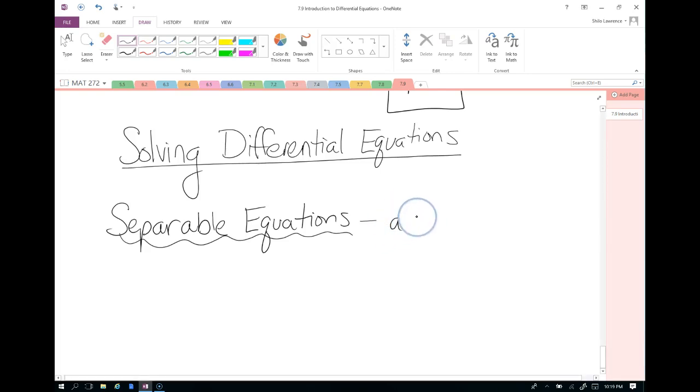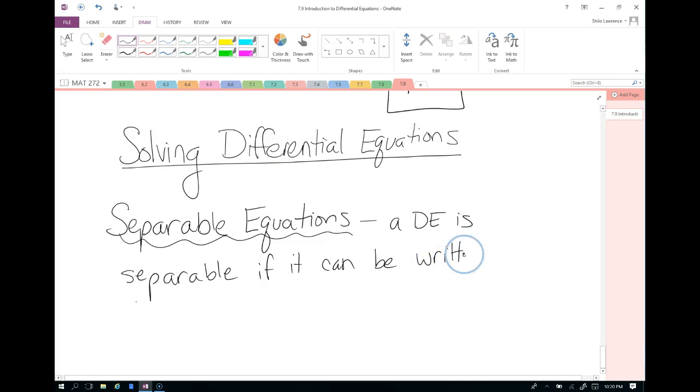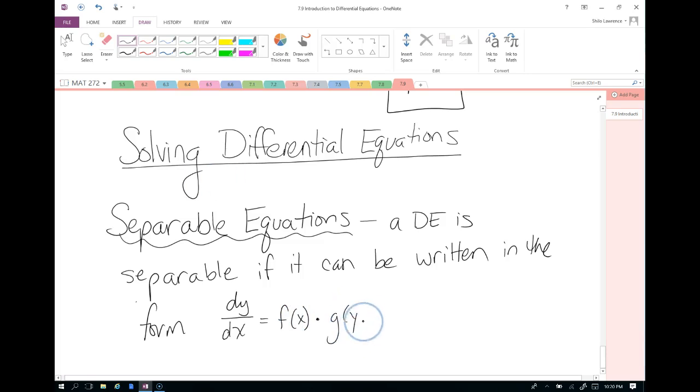So a differential equation is separable if it can be written in the form dy dx equals f of x times g of y.